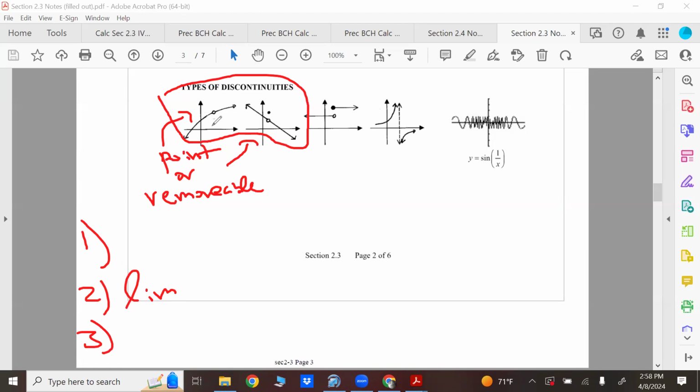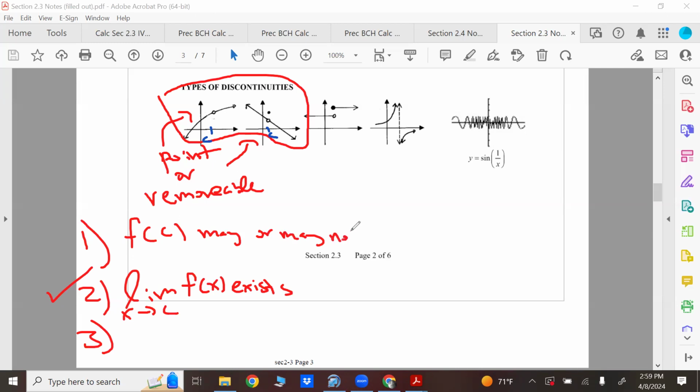I'll call it C, by the way. But what's going to happen is that f(c) may or may not exist.